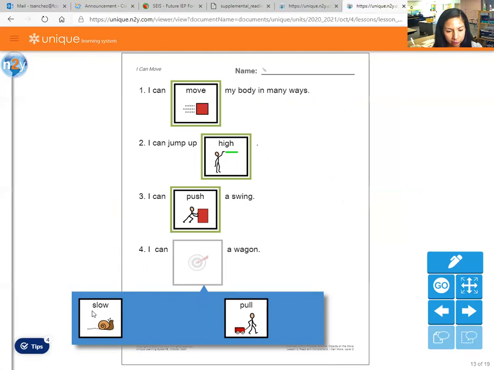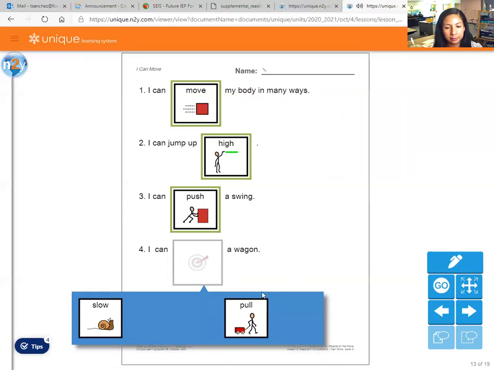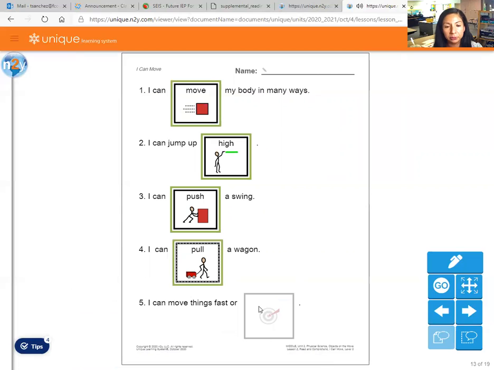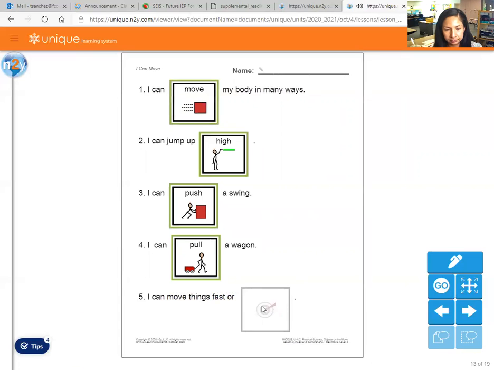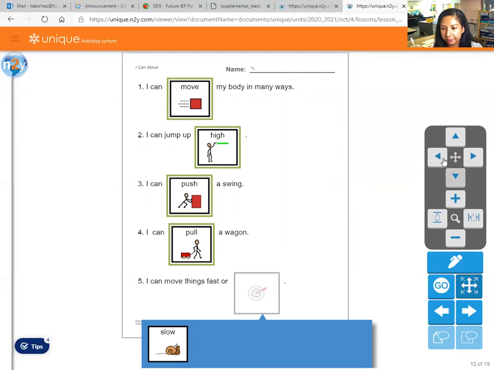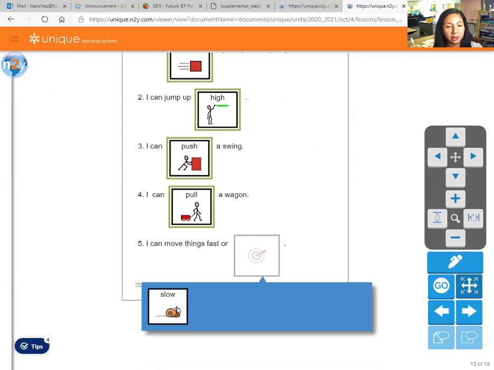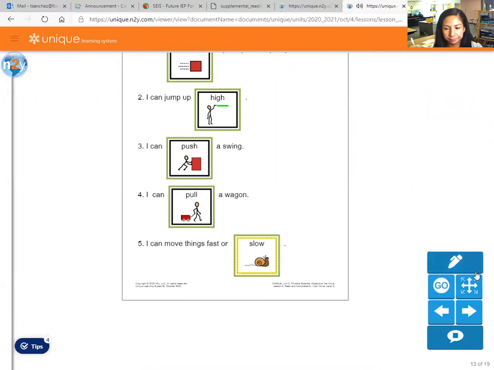Did they slow the wagon or pull the wagon? Not slow. I can pull the wagon. And the last one. I can move things fast or. Okay, things move fast, or the opposite of fast is slow, like the snail. Slow.